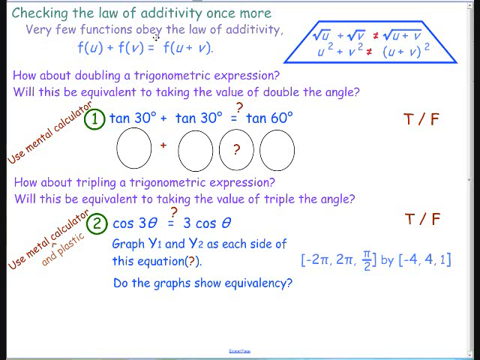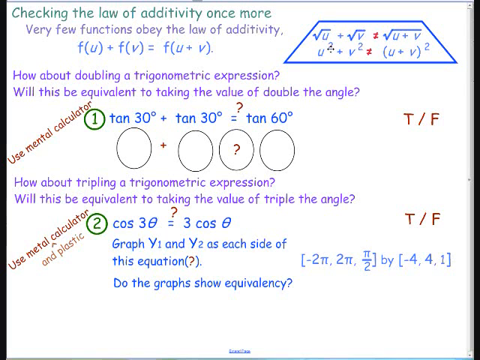Very few functions obey this law, that the function f of u plus the function f of v will equal the function f of u plus v. We looked at a couple that clearly don't follow that.